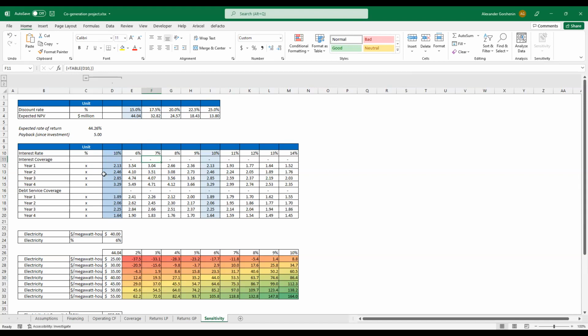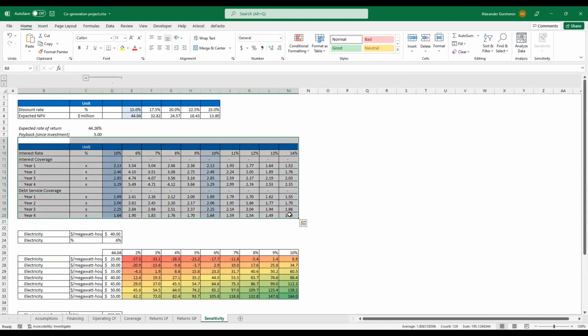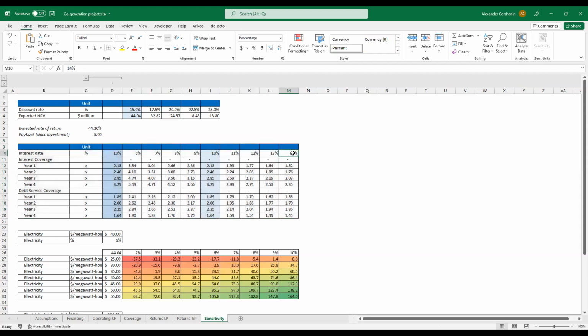And this table illustrates the sensitivity of the interest coverage ratio and the debt service coverage ratio in years 1 to 4. Even if the interest rate on this debt should increase to 14%, like here you can see.